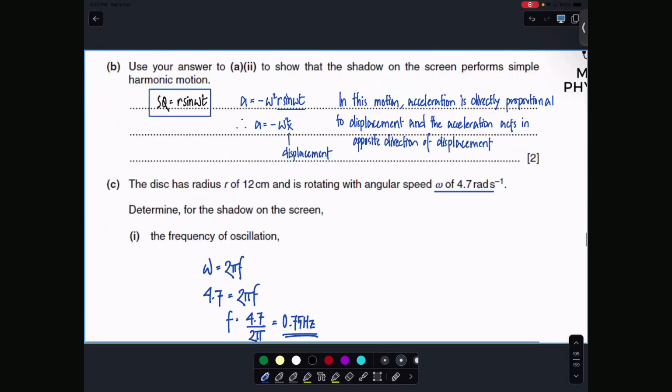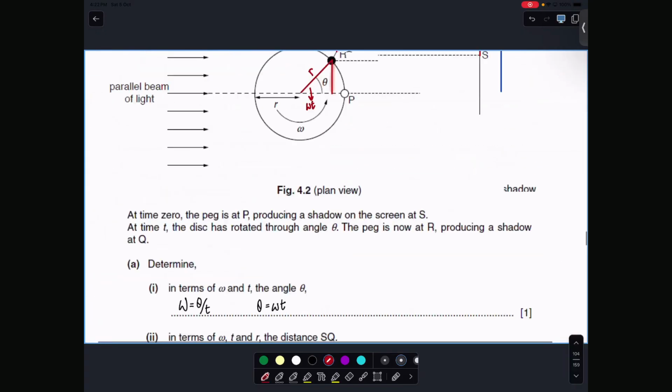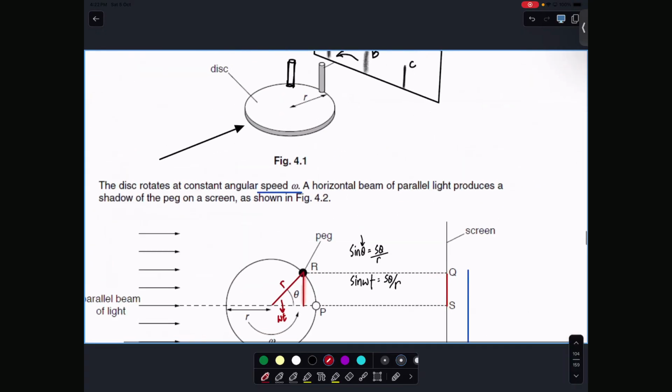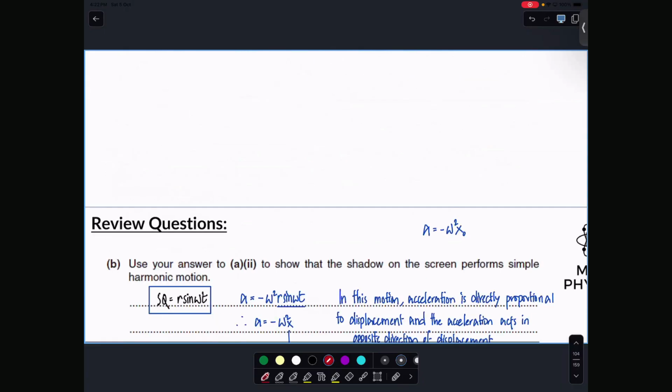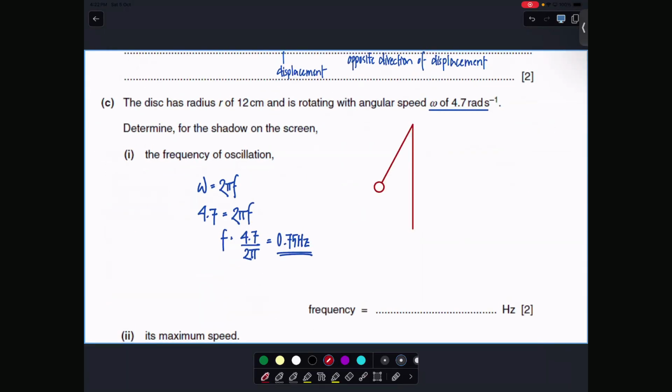There's a question here. How can you explain the acceleration in opposite direction again? Yeah. Whenever you have oscillations in simple harmonic motion, I'll do it with the pendulum. The pendulum is on the side here, and this is the center, and the pendulum is now displaced to this side. Let's say we take this side as negative.